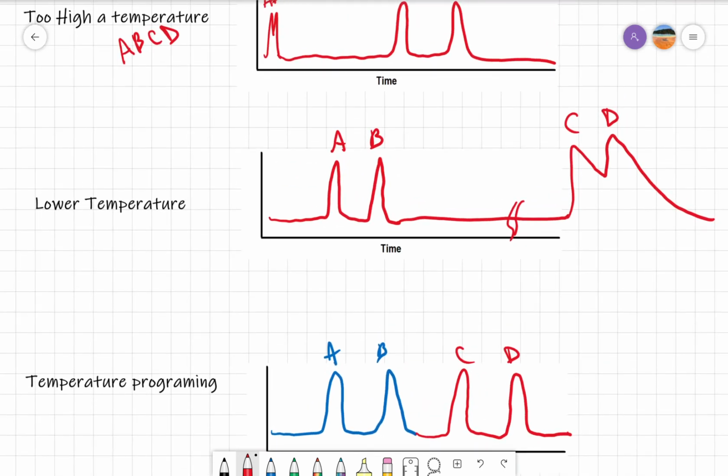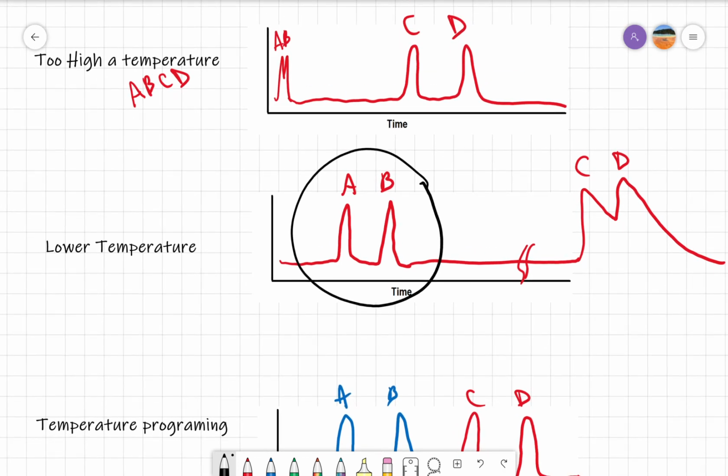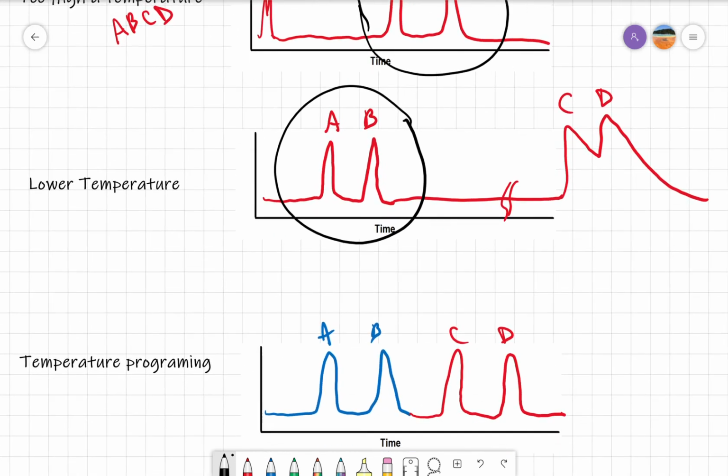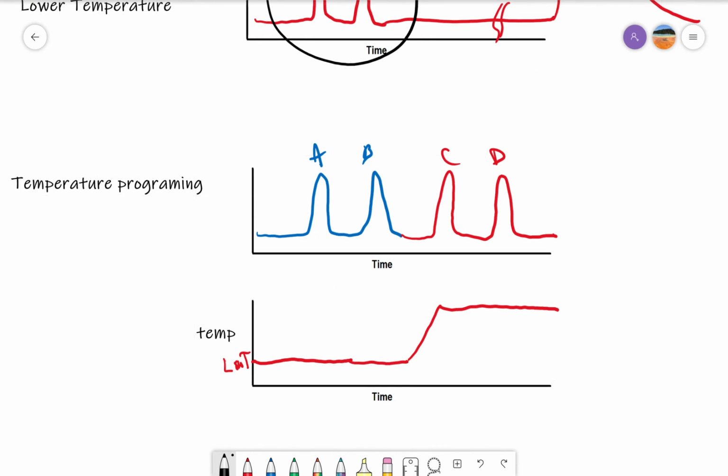So we can run it at the lower temperature to separate A and B, and then the higher temperature to separate C and D. Temperature programming is an experimentally determined temperature that will allow optimal separation of the compounds in your mixture.